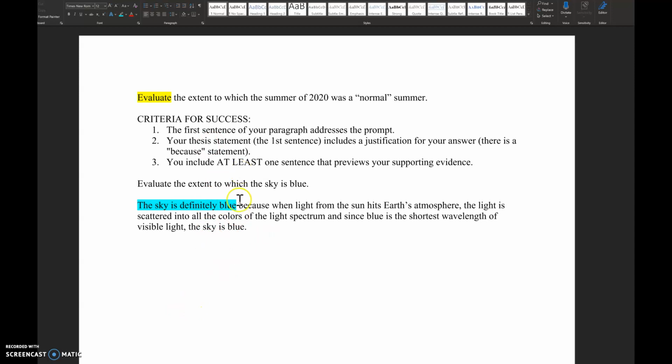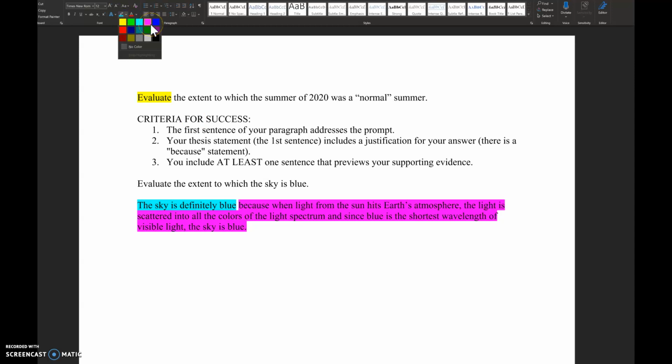The rest of this, which I'm going to highlight in magenta, or pink, is the justification for my answer to the prompt. Simple as that. The next part is where I preview the supporting evidence.